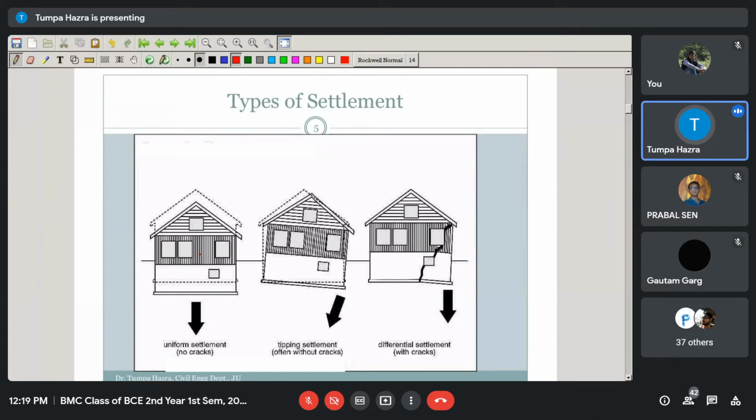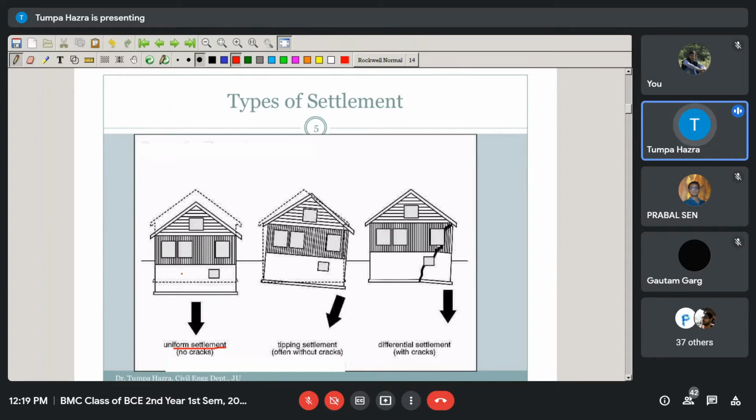If the settlement is within the permissible settlement of the soil, and if the settlement is uniform throughout the building, then you will not find any stress, or it will not cause any problem to the building.